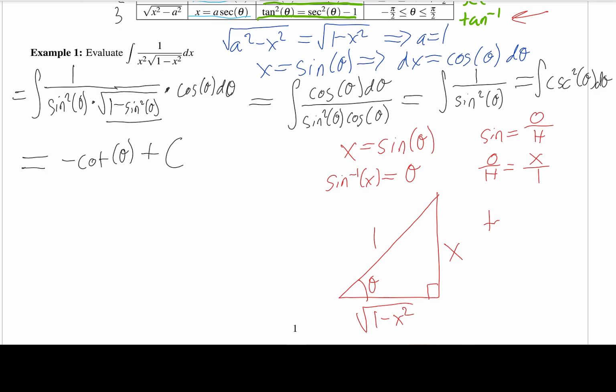Well, remember tangent is TOA, so that's opposite over adjacent. So then cotangent flips it, so that's going to be adjacent over opposite. So I should have negative, so let's say the adjacent would be square root 1 minus x squared over opposite, so over x, plus c. And then that would give us our answer for this integral.